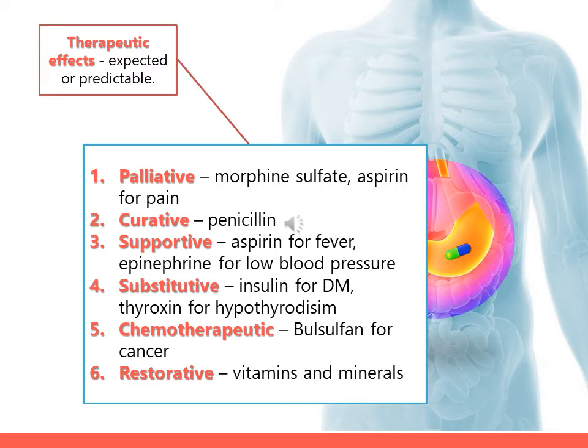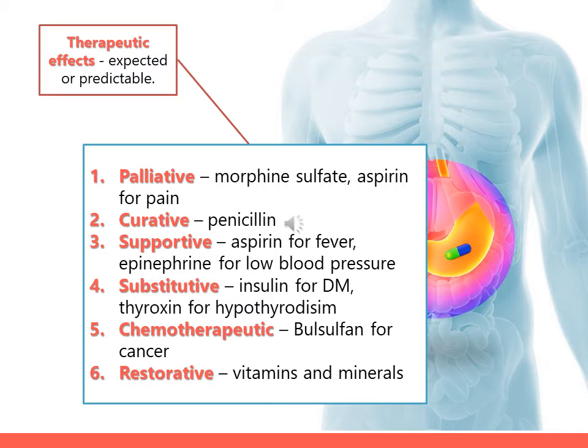To cure a certain illness or disease. I'll give an example. Penicillin is an antibiotic. Antibiotic is given if a patient has infection. And when you give an antibiotic to your patient, such as penicillin, it kills the microorganisms. Therefore, it cures the illness or infection of your patient.